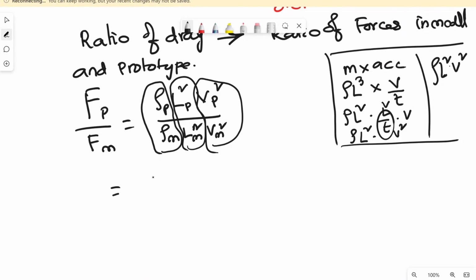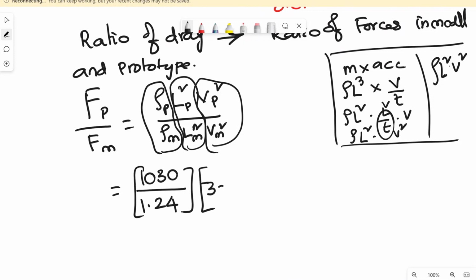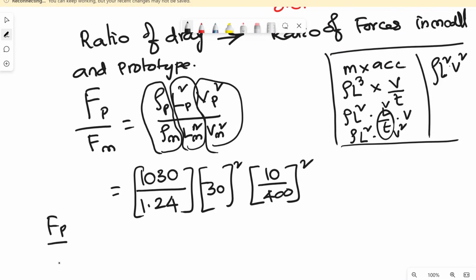Let me substitute: rho p by rho m, for seawater and air, is 1030 divided by 1.24, into L p by L m, which is 30 square, into V p, which was given as 10, and V m, which we got as 400, also squared. If you calculate this ratio, F p by F m comes to 467.22. So this is the second problem.